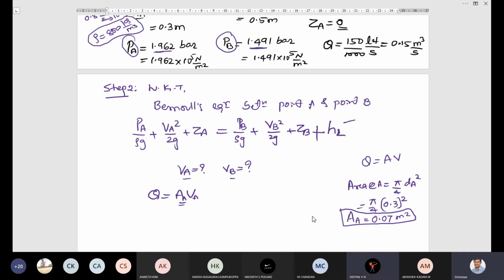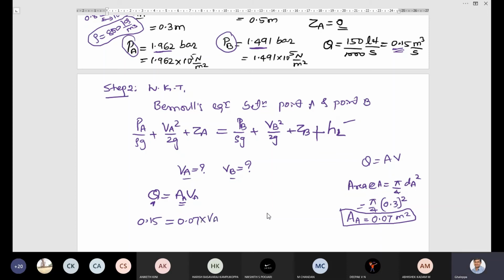So now what is the discharge? Discharge is already calculated, 0.15. Substitute: 0.15 is equal to area 0.07 multiplied by velocity.